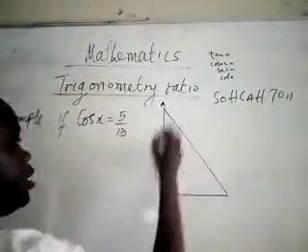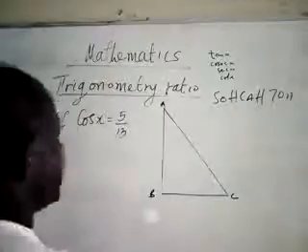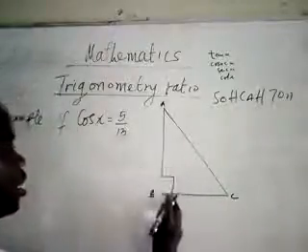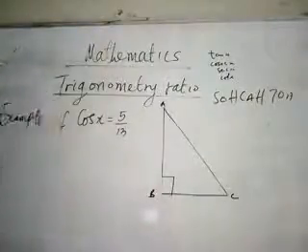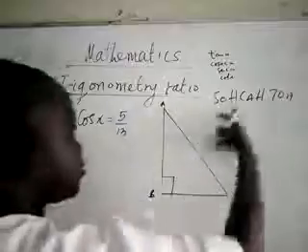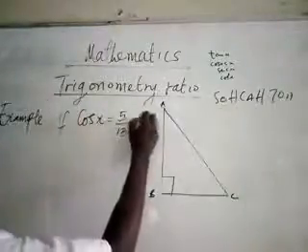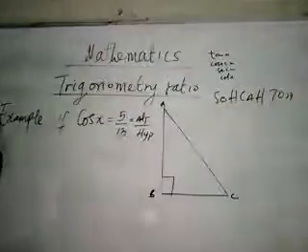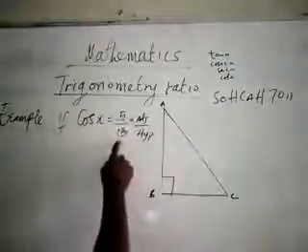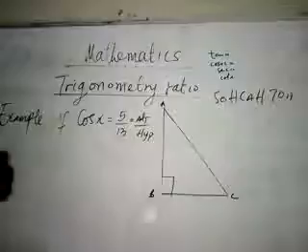Let me name this A, and this is B and C, for instance, and this is my right angle. Now, from this ratio here, cos x is adjacent over hypotenuse. That means from here, my adjacent is 5 and my hypotenuse is 13.